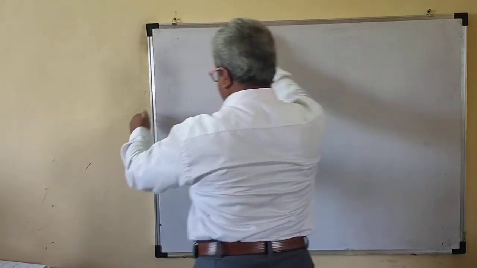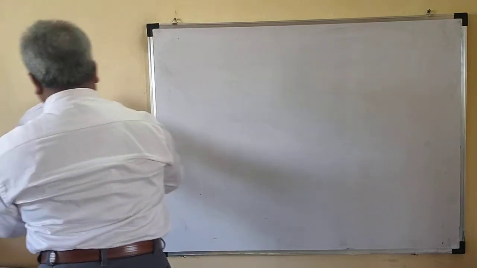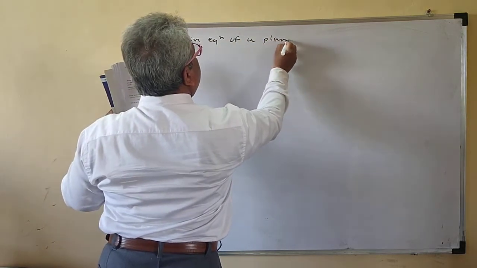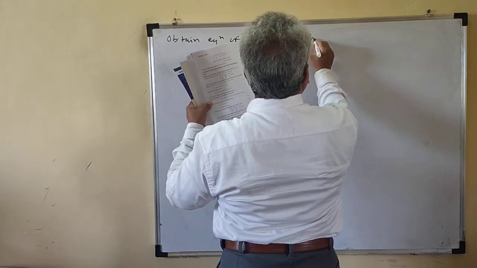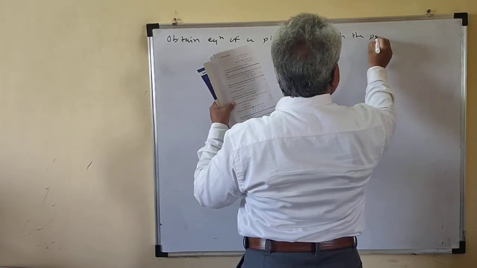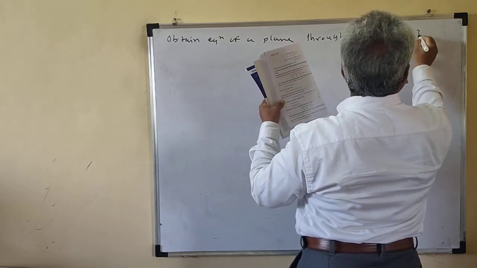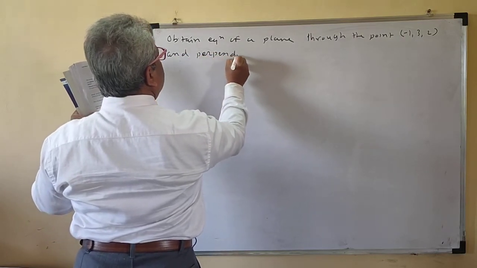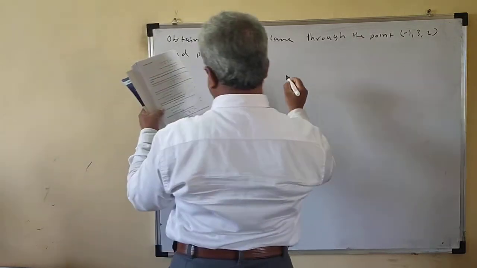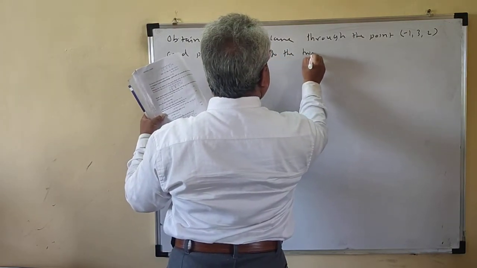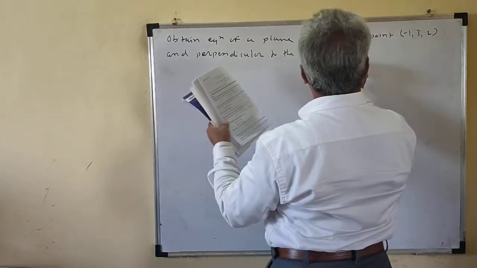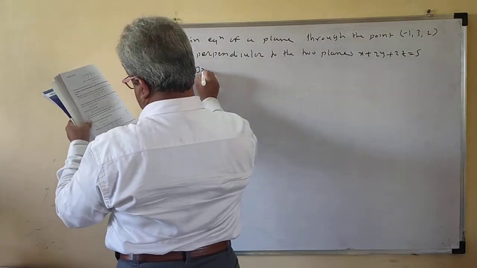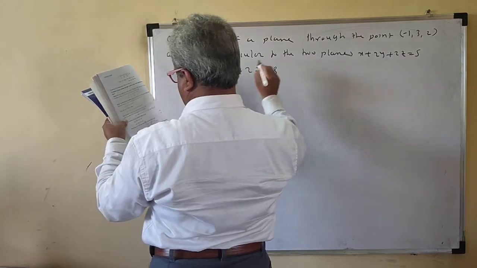Okay, we'll do one problem on it and then we'll stop here. Obtain the equation of a plane through the point -1, 3, 2 and perpendicular to the two planes x plus 2y plus 2z is equal to 5 and 3x plus 3y plus 2z is equal to 8.